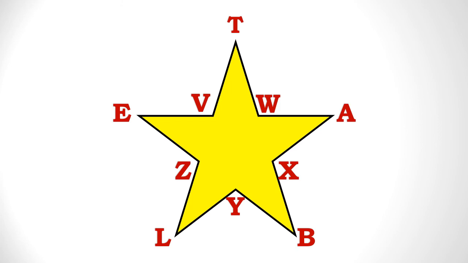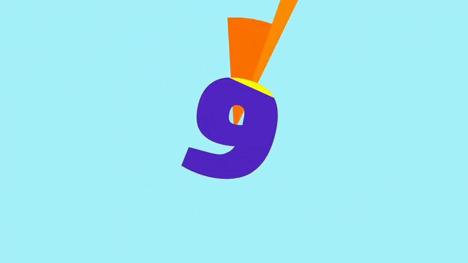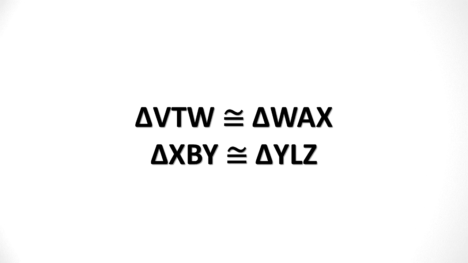Study it carefully and think of at least 2 pairs of congruent triangles that you can match. Time starts now. If you have these 2 pairs of congruent triangles in your list, then you really did a great job.